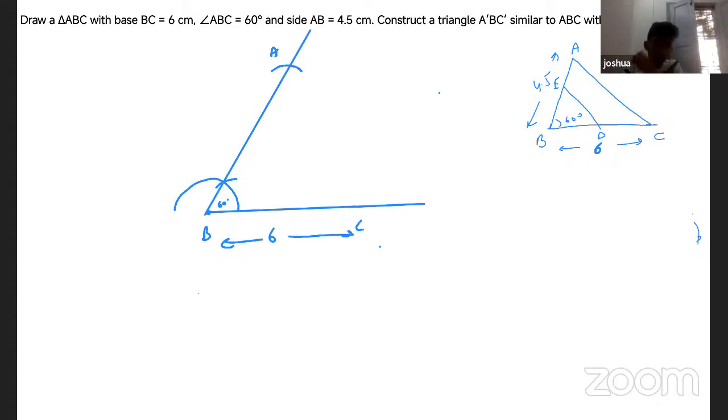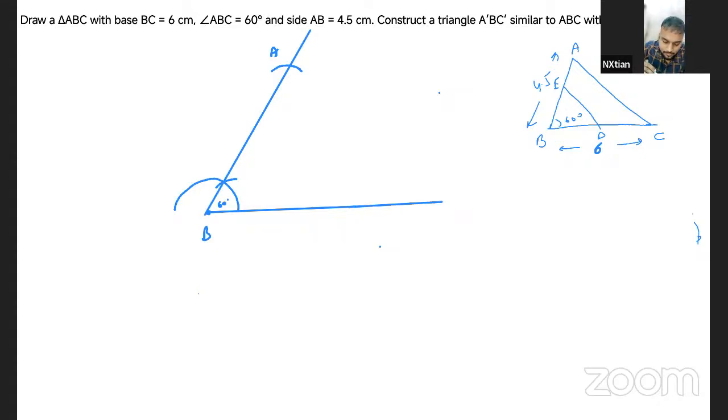So the other arc, the top arc, how do you do it? You have to measure 4.5 with the help of a ruler, and then you have to cut it at A. Okay.